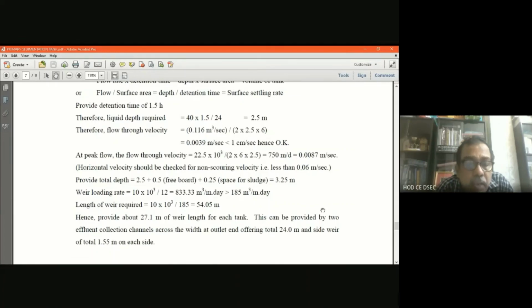Now we divide it into two tanks, that is 27 meter of weir length for each tank. So this can be provided by two effluent collection channels across the width at the outlet end, offering a total of 24 meter, and side weir of about 1.55 meter on each side.